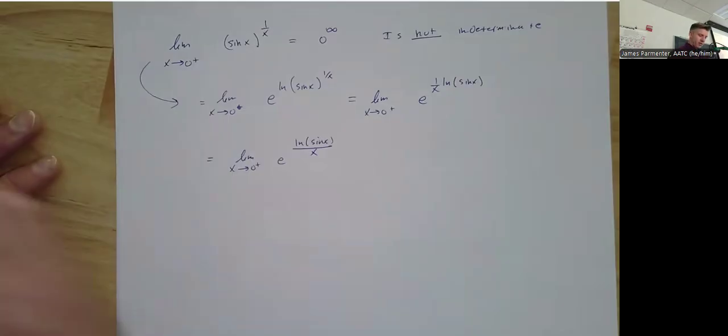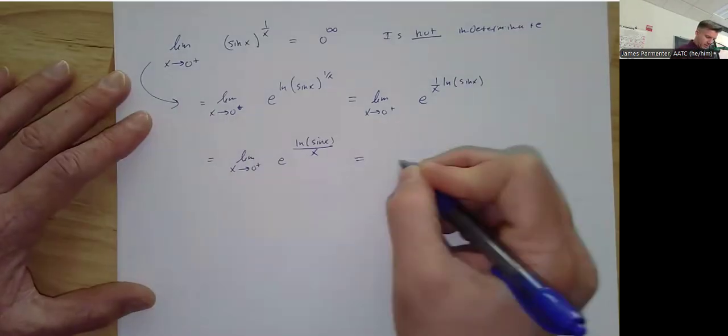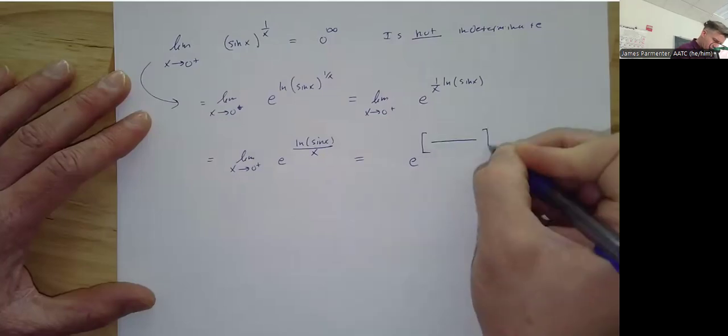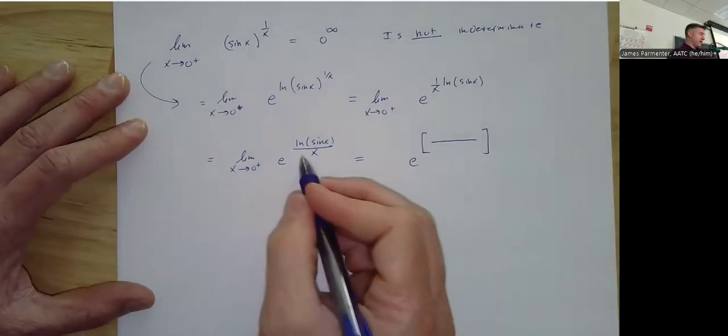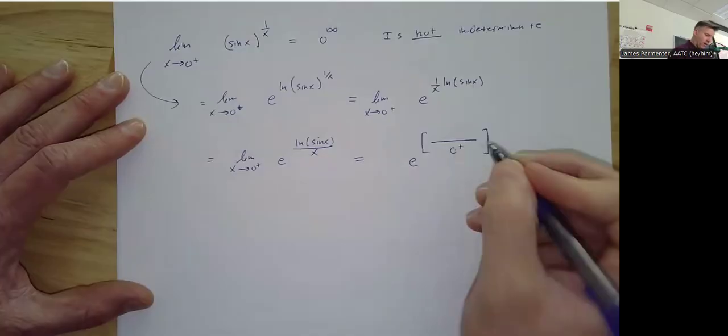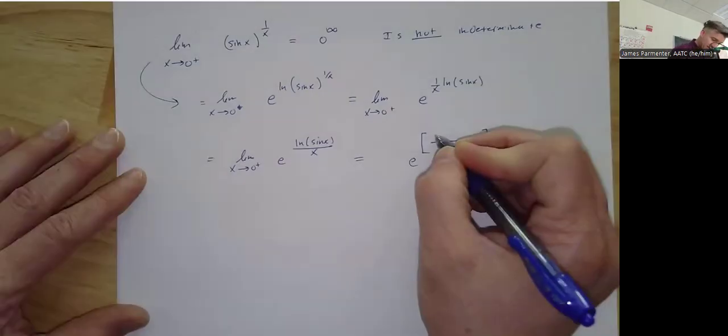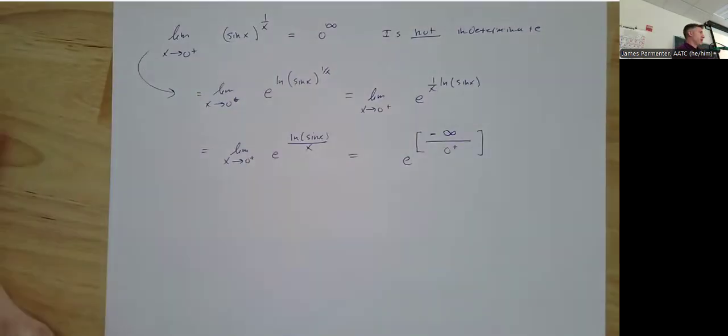Okay, let's actually plug in and see what happens. We get e to the, well, the denominator of that exponent is very small and positive. And as you guys have correctly said many times here, natural log of sine of 0, because sine of 0 is going to 0, and natural log of 0 goes to negative infinity.